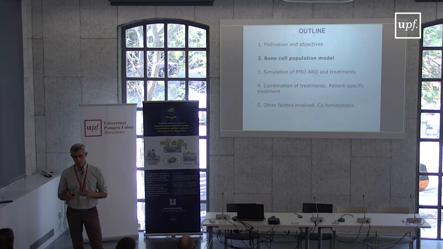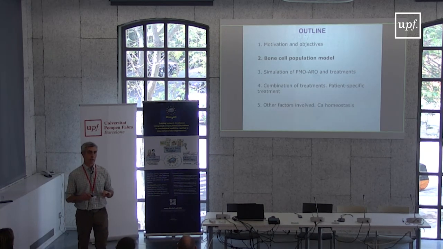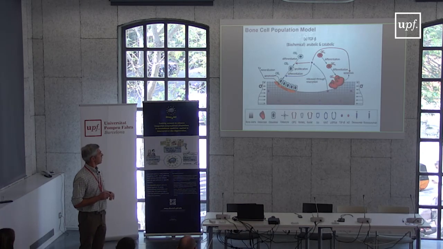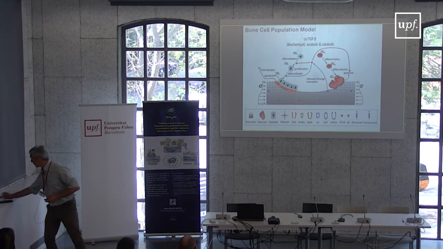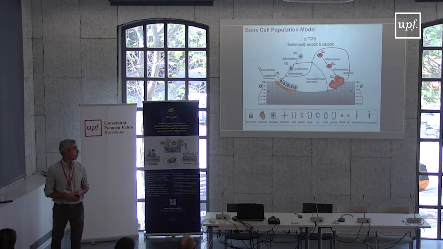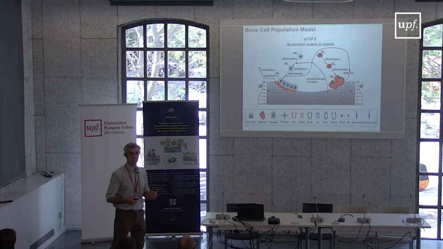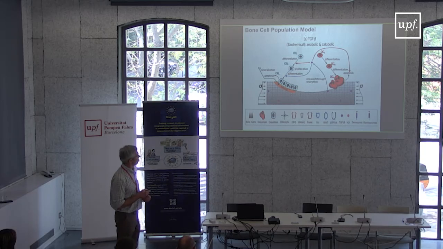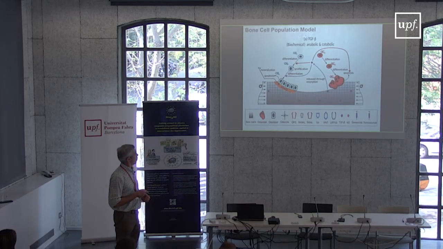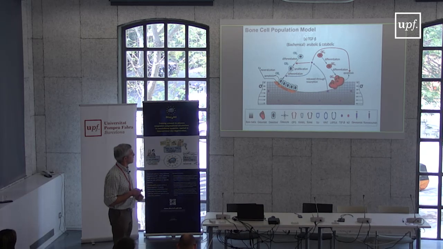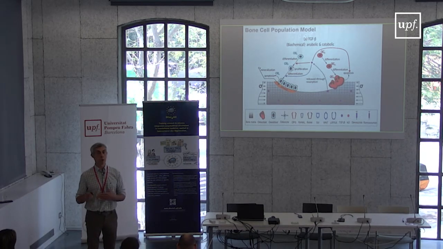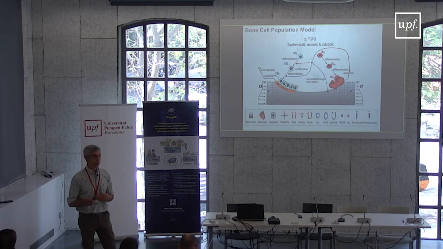I will address now some basic summary of my bone remodeling model. You know that bone is continuously being renewed. There are some cells called osteoclasts, here in red, that resorb the old, and probably damaged, bone.